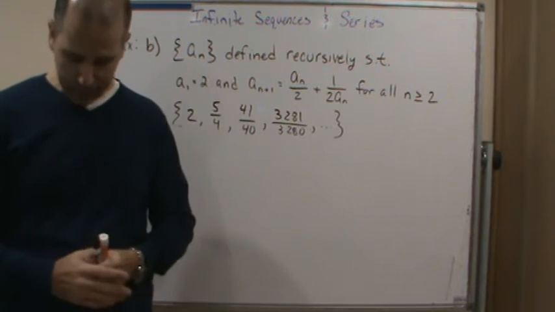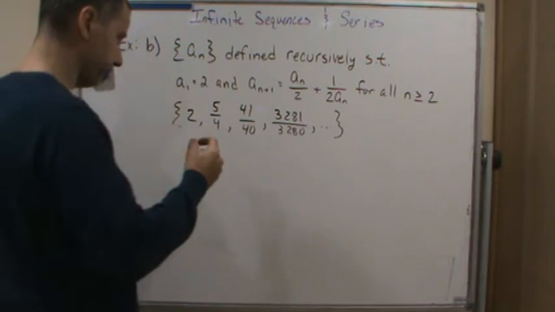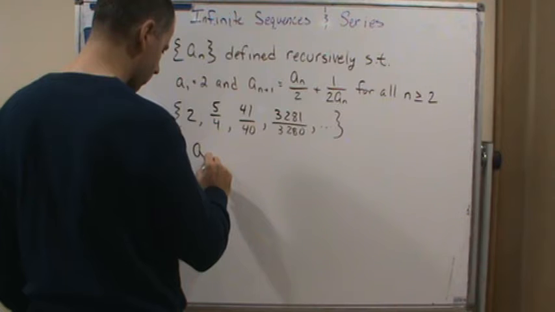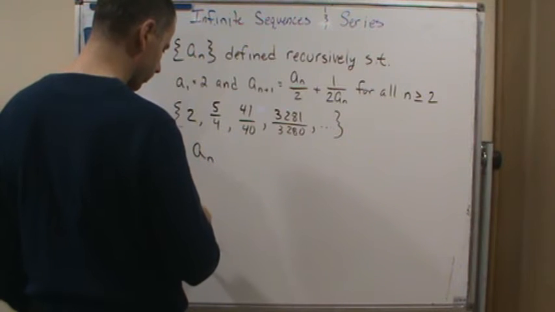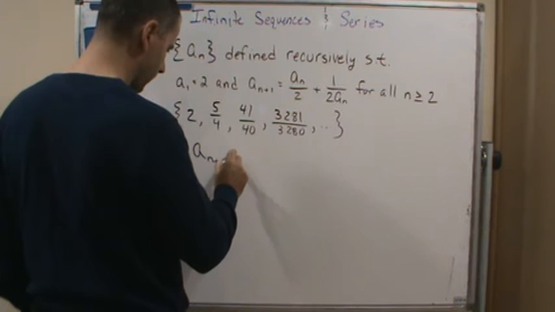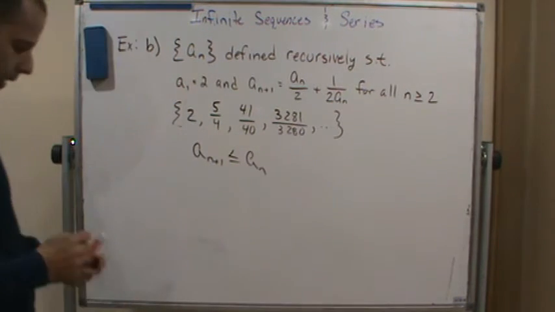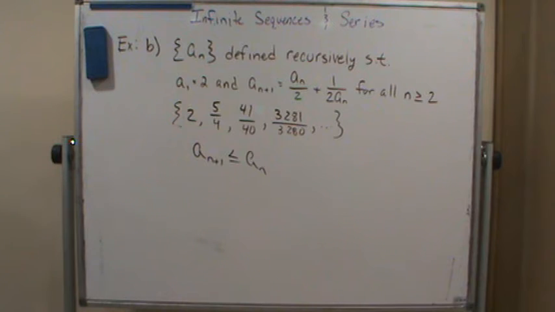So that means we need to show that a sub n plus 1 is less than or equal to a sub n for all n greater than or equal to 1. Okay, so how do we do that?